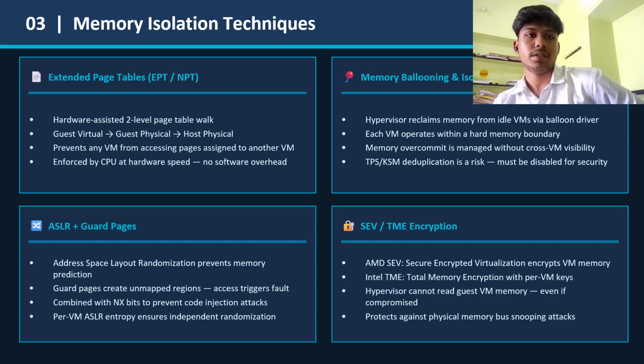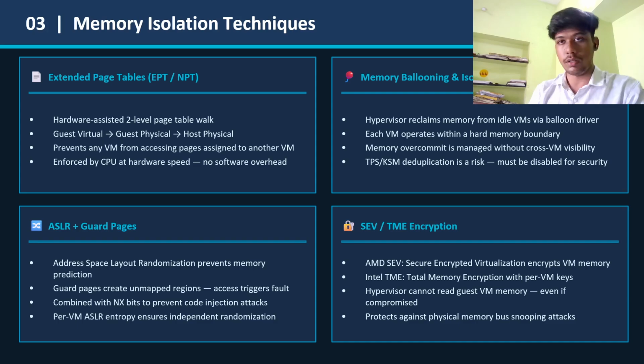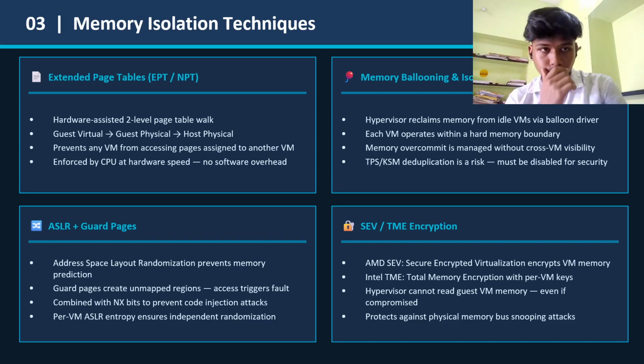Next is AMD SEV and Intel TME memory encryption. This is the most advanced memory isolation technique available today. AMD Secure Encrypted Virtualization and Intel's Total Memory Encryption actually encrypt the memory instead of keeping it in plain text. Even if someone has physical access to the server and puts a probe on the memory bus, they only see the encrypted data, not the actual information.